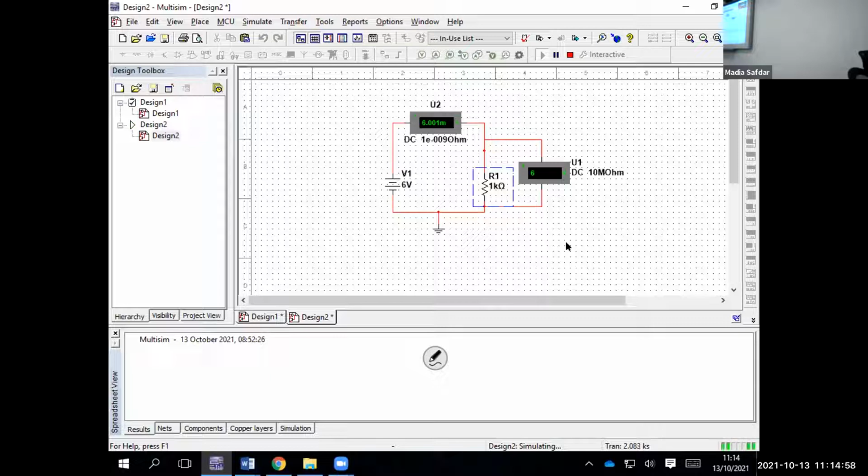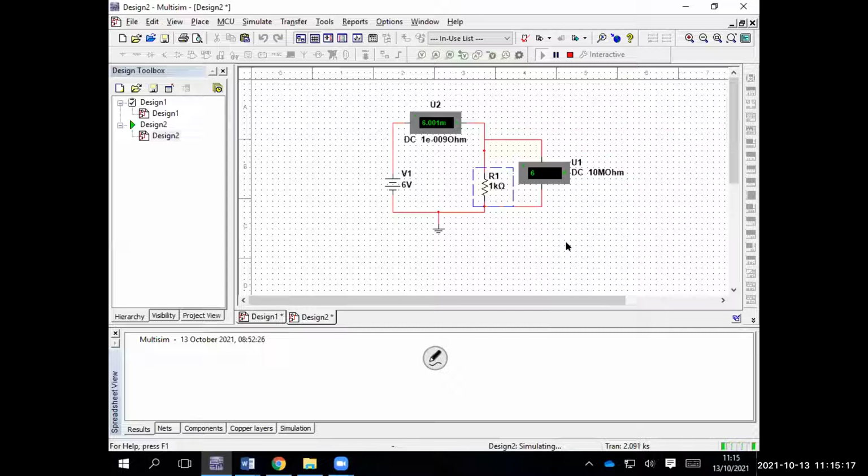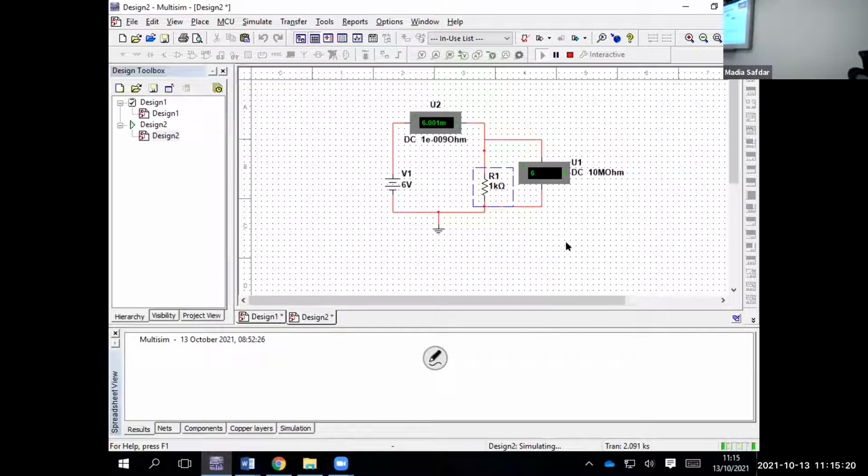So all of you, do you know how to build this circuit, or should I do a recap? Should I do it again? Yeah, let's do it. Good.